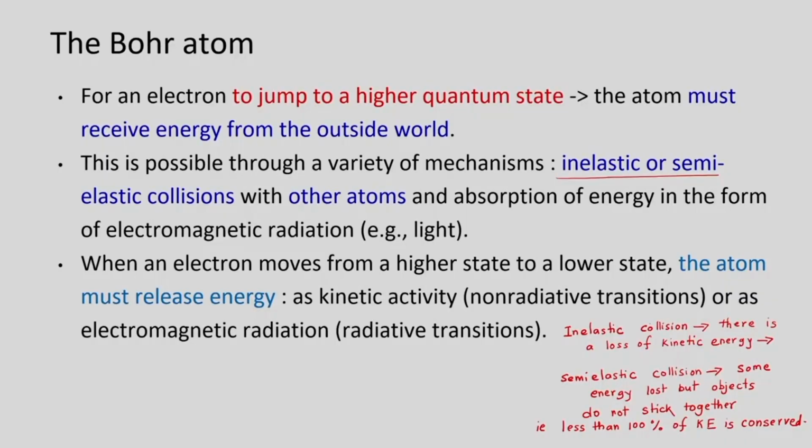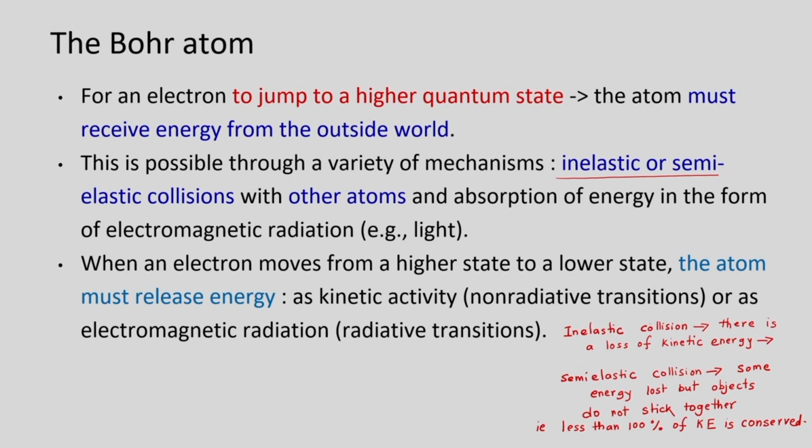quantum levels. Now the other way around: if there is an electron at a higher quantum level and it comes down, dropping its energy level to a lower one, the atom must release the energy. That is what Bohr stated: when electrons move from a higher energy level to a lower energy level, they release a certain amount of energy.